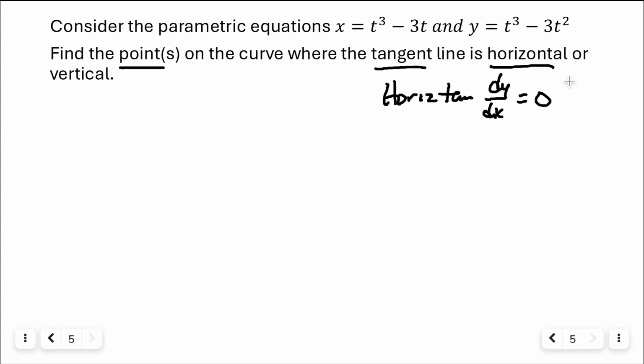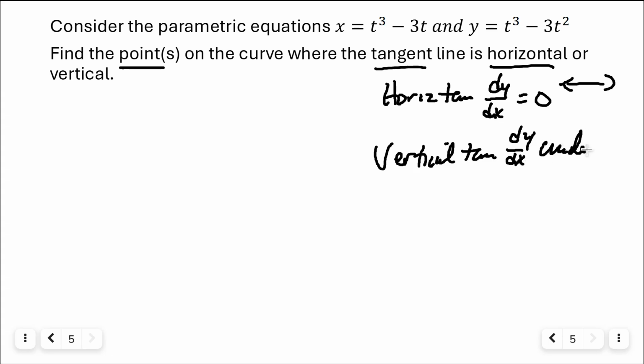Zero slope for a horizontal line. If there's going to be a vertical tangent line, then dy/dx would have to be undefined. The slope is undefined. Here, the slope is 0 for a horizontal line.